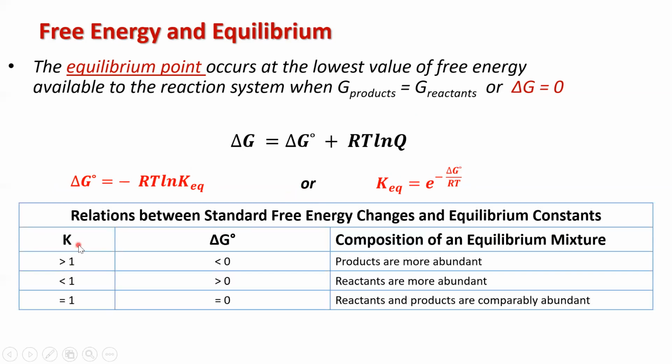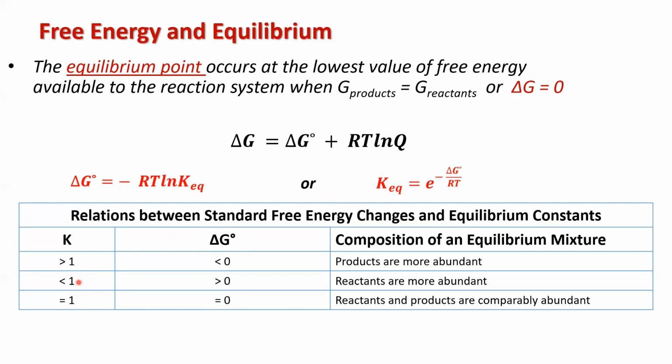Well, if K is greater than 1, products are larger than reactants, and it means that the forward reaction is spontaneous, so delta G would be negative. If K is less than 1, the reactants are favored.